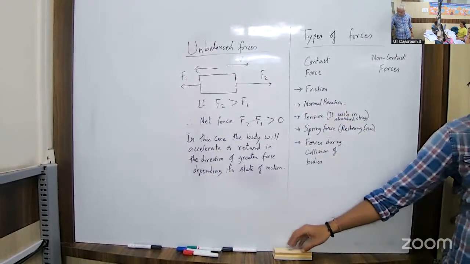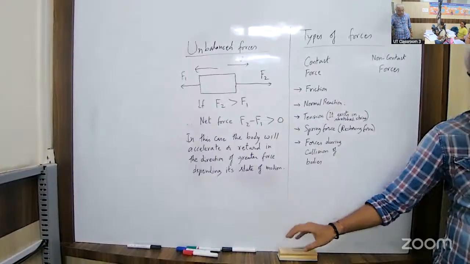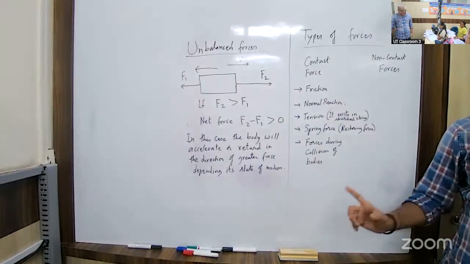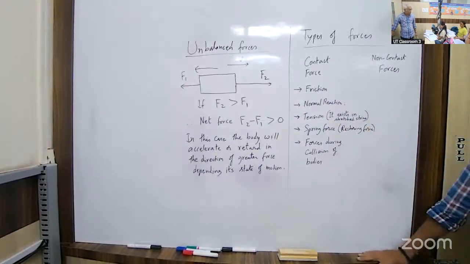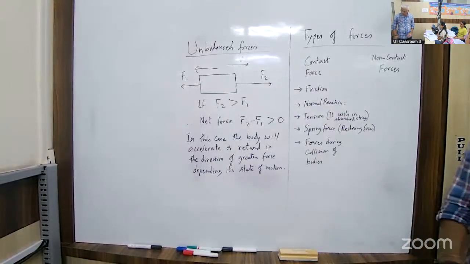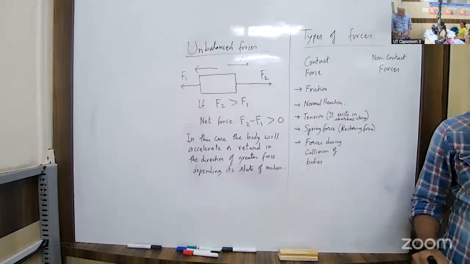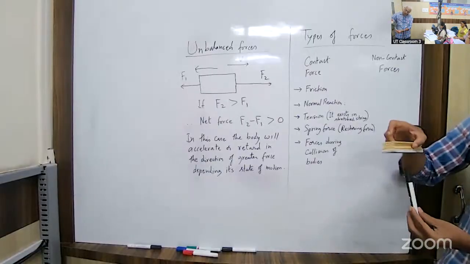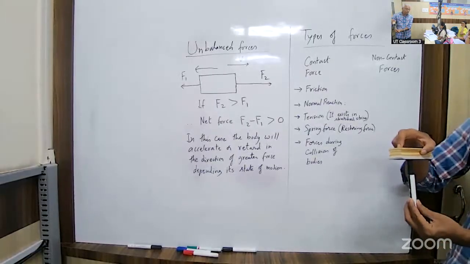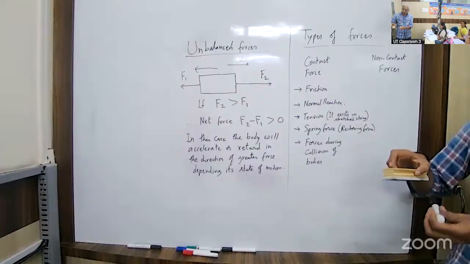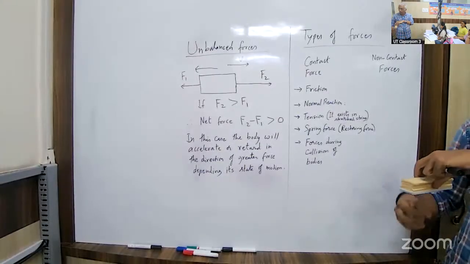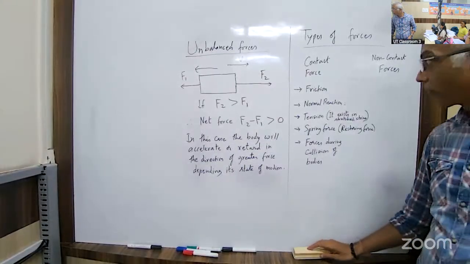So whenever two surfaces are in contact, there acts normal reaction. And what is the direction of that force? This normal reaction is acting on it in the upward direction, and weight, the gravitational force, is acting in the downward direction.